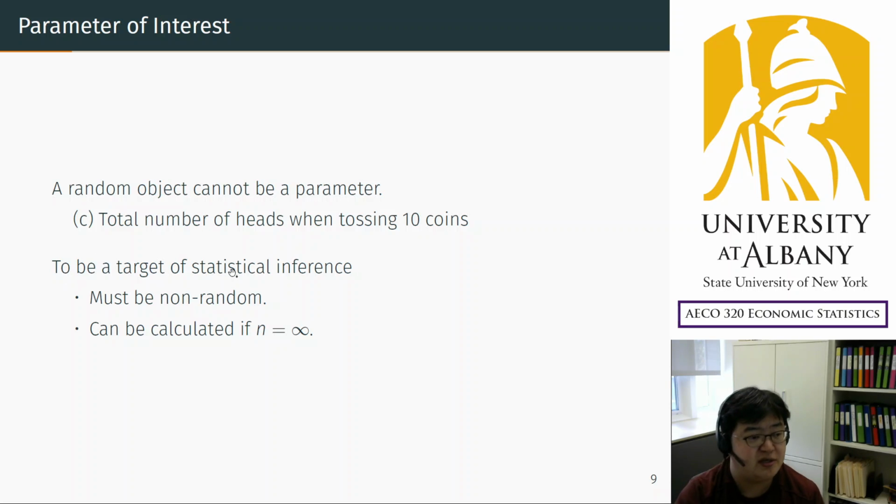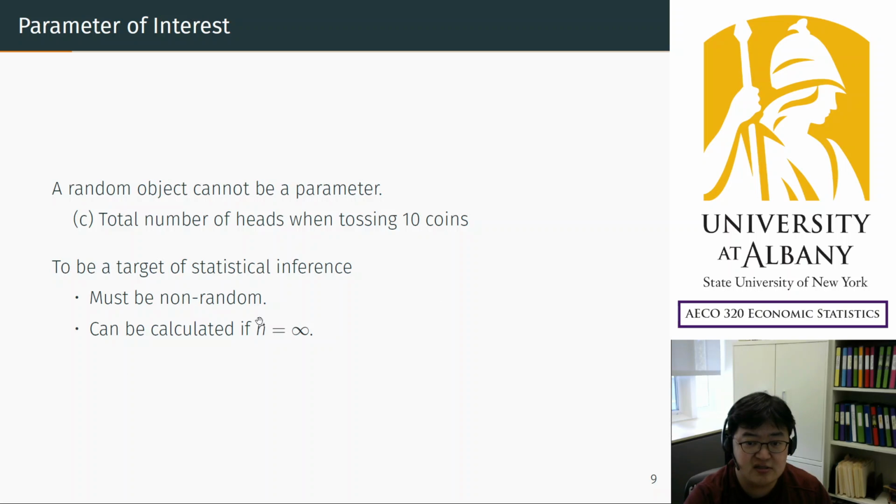To be a parameter for statistical inference, first the parameter must be non-random. If the parameter changed for each experiment, when you repeat the experiment, you could not guess it. The parameter should not change. You may also understand it this way: you can calculate this only when the sample size is infinity. Only when you observe an infinite number of observations is the parameter known.